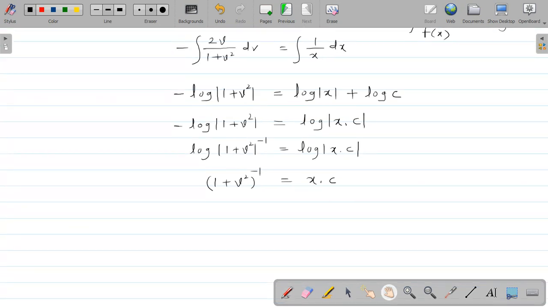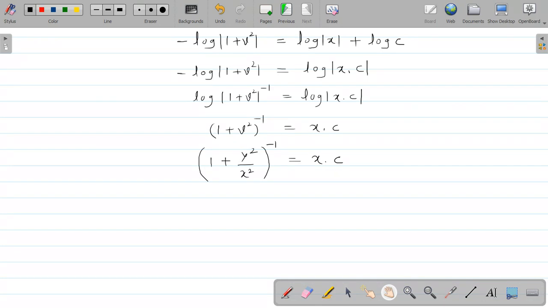And now here I will resubstitute the value of v as y upon x. So hence what will you get here? (1 plus y square upon x square) raised to minus 1 is equal to x into c. Now this raised to minus 1 term is there. So I will take the reciprocal of it.